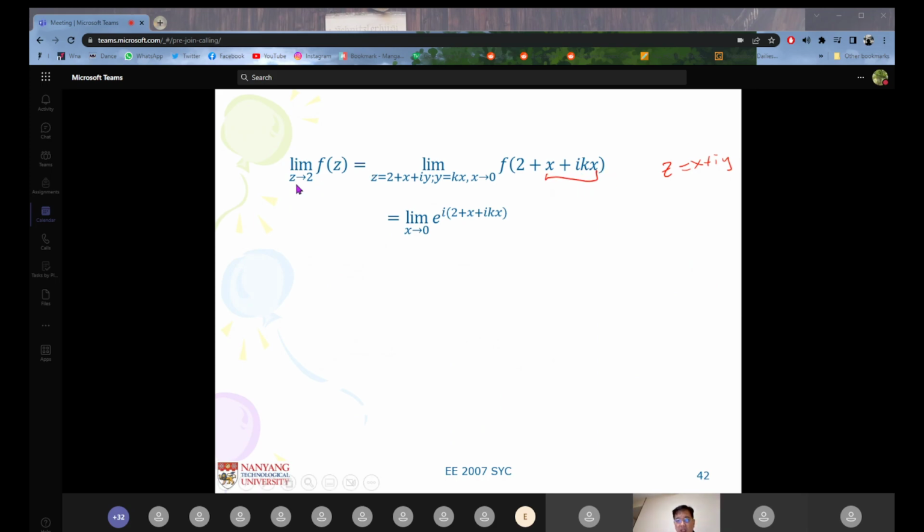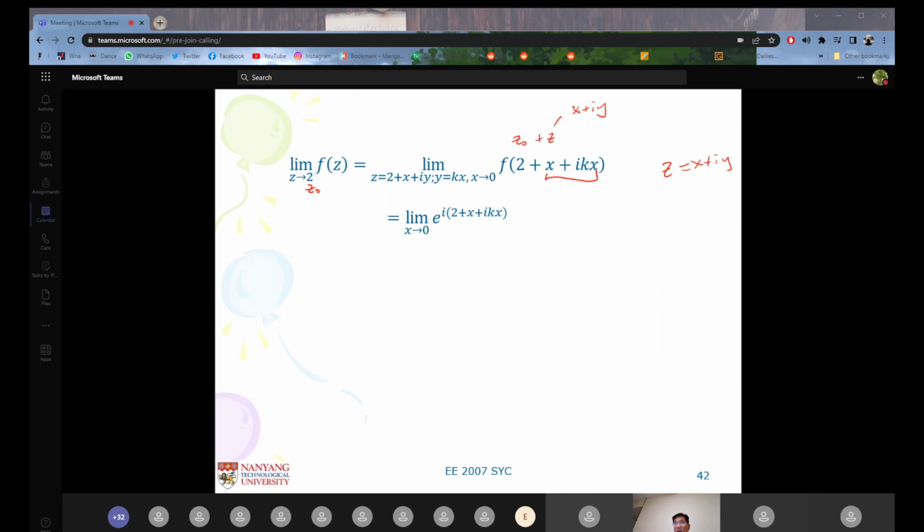Now you want to check the limit when z tends to 2. So this is your z naught, right? To check the limit, you need to replace all the z by what? z naught plus z, with the z represented by x plus iy. You shift the origin to z naught.